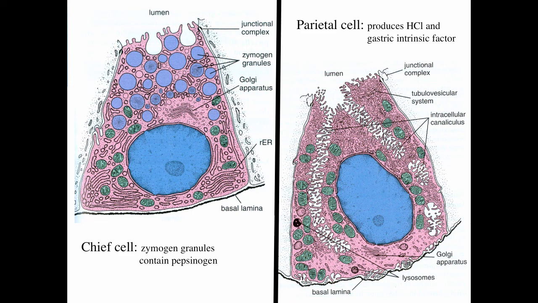The zymogen secreting chief cells, a typical protein secreting cell, basal rough ER, Golgi, and apical zymogen granules. These zymogen granules are held for release when the cells receive signals to release them.